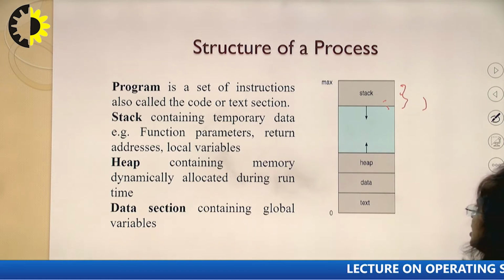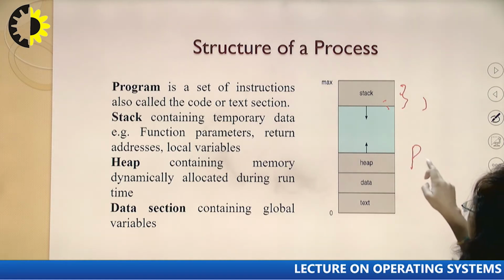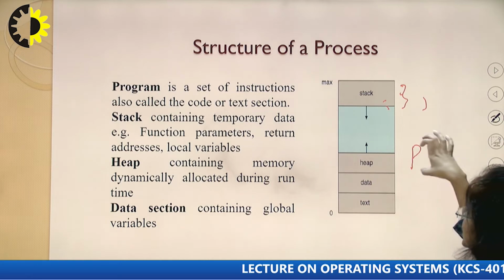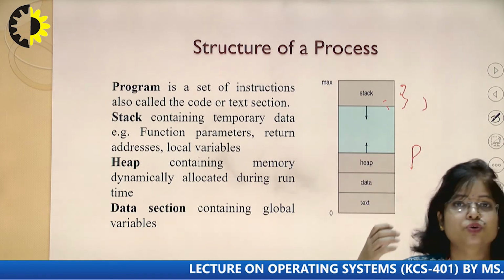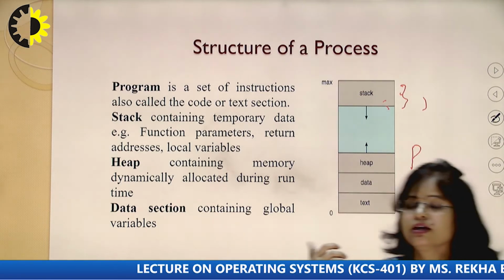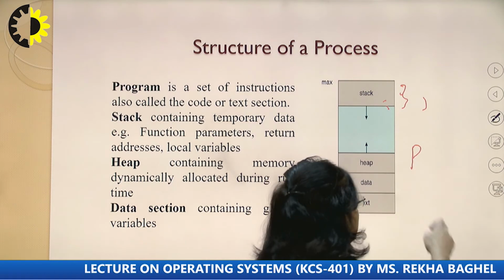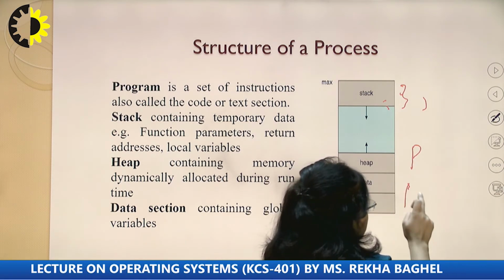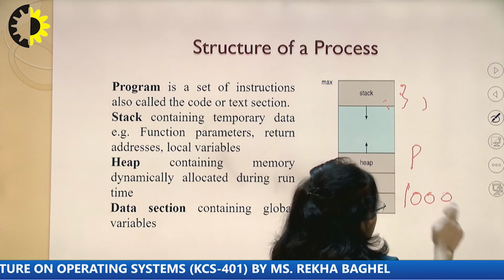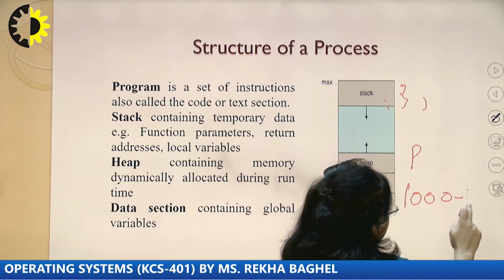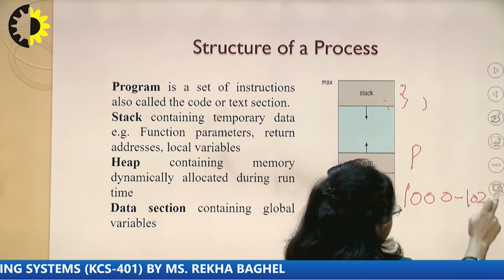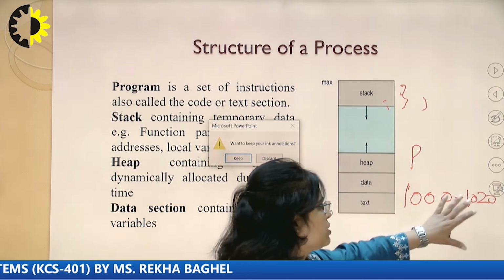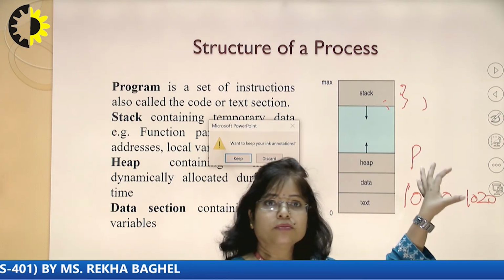Suppose we have one program P, and this program P is stored in memory at locations 1000 to 1020. So this is the memory location on which this program is stored.